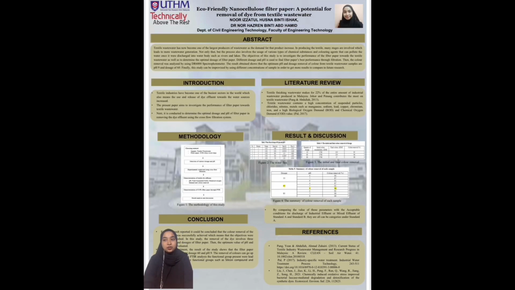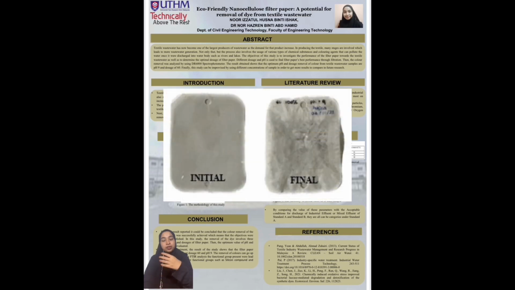The selection of the dosage and pH is made by considering some factors. The dosage of 80 gram per meter cube is capable of removing 99% of dye effluent. However, using only the dosage of 60 gram per meter cube is sufficient to reach the rate of removal, which benefits cost reduction from using less volume of CNFs, which will also benefit the industries.